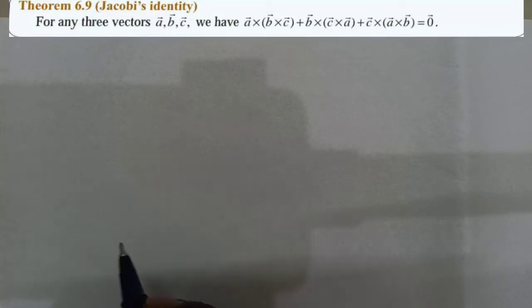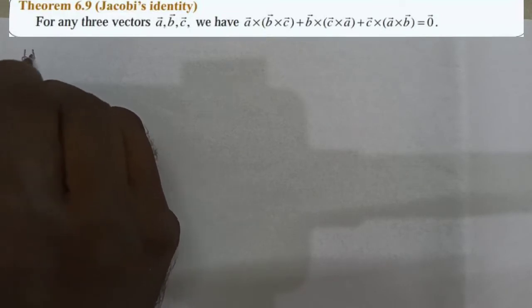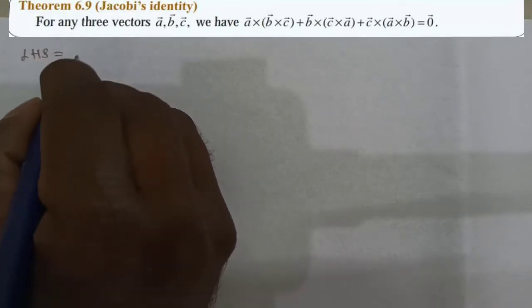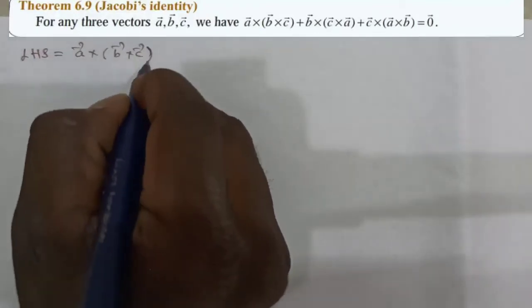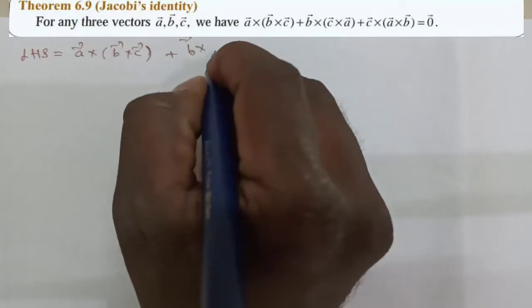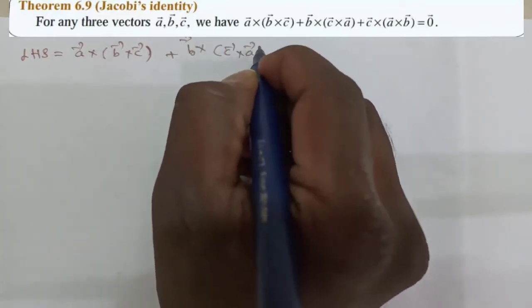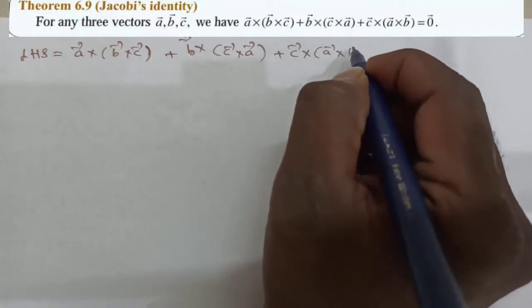So we can prove this. Let me prove it now. Let me take the LHS, left hand side, that is A vector cross B vector cross C vector plus B vector cross C vector cross A vector plus C vector cross A vector cross B vector.